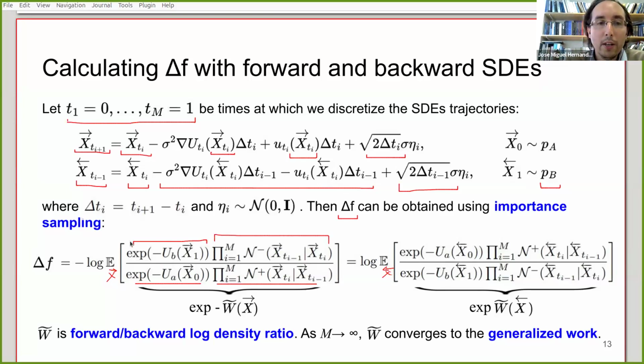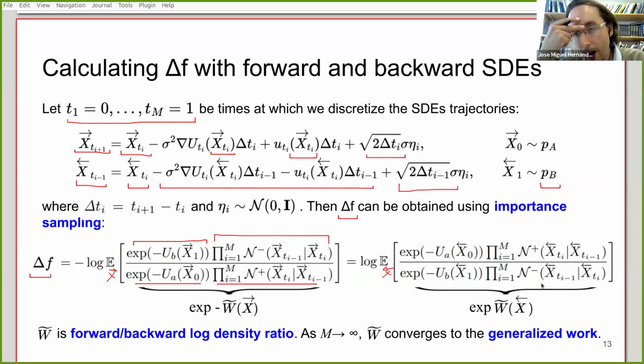And if you calculate the expectation of this with respect to the samples that you obtain by solving the discretized SDE forward, you actually get the ratio between normalizing constants. Okay. And minus the log of that is going to be the free energy difference. Okay. And obviously you can do this by doing importance sampling with samples from PA, which is what we do in this first term, but you can do it with samples from PB, which is what you do in this second term.